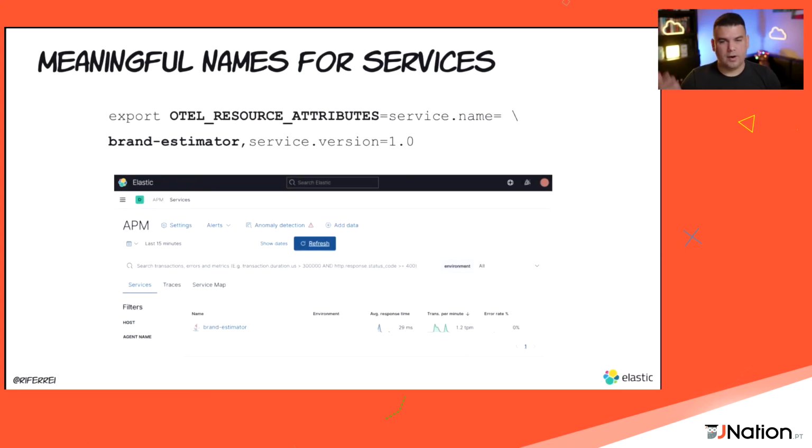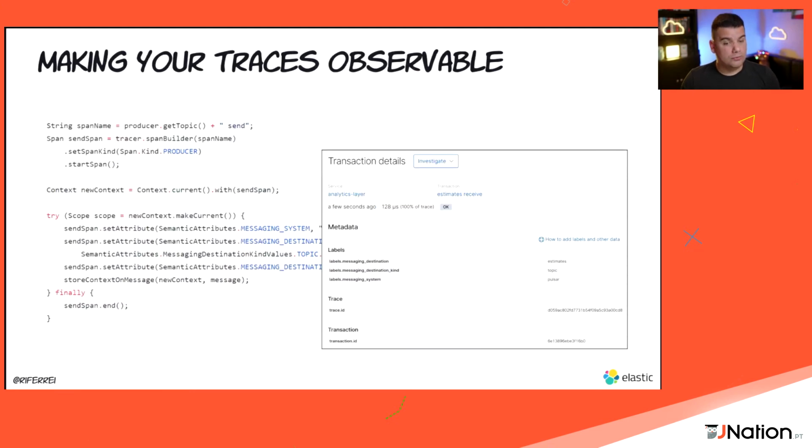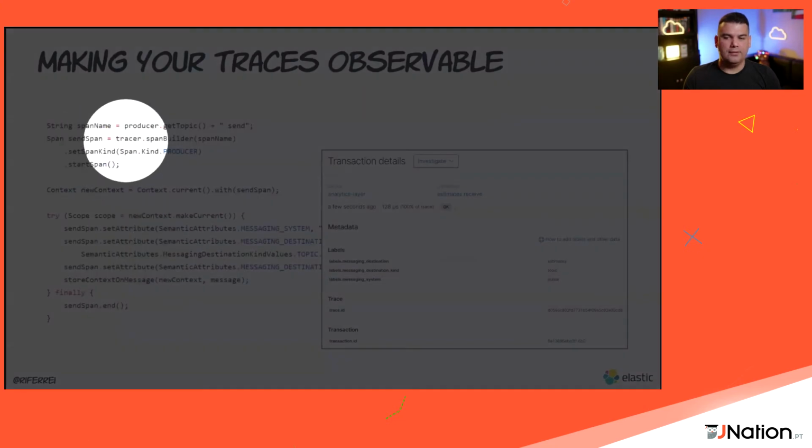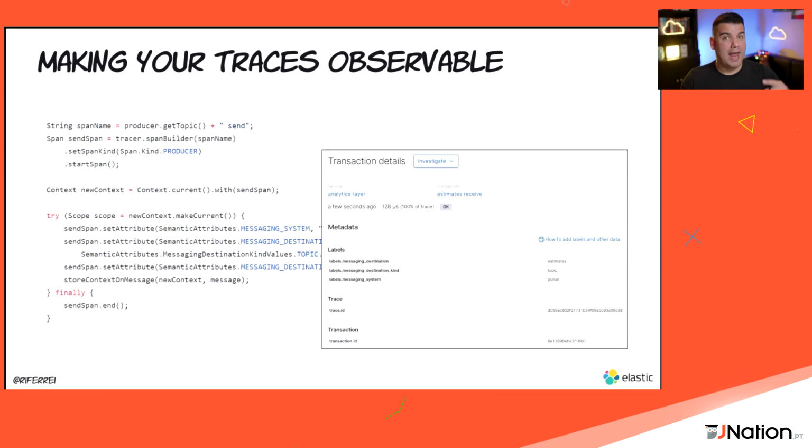And you can use environment variables or Java properties. It doesn't matter, right? The same goes if you are manually creating spans, as we are doing here: the span itself can have extra information. Making sure you add extra information in the span is useful, because think about this, right?